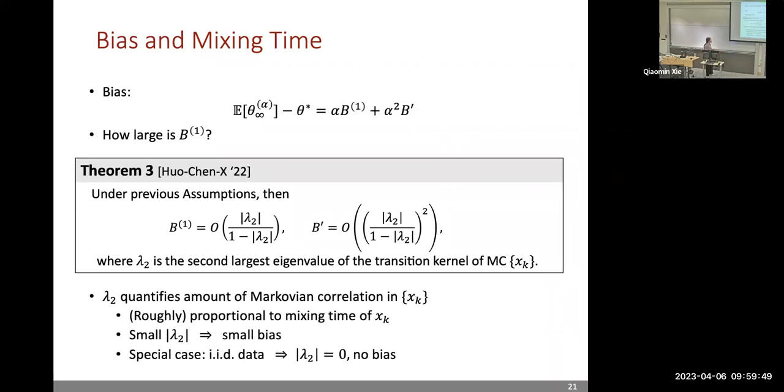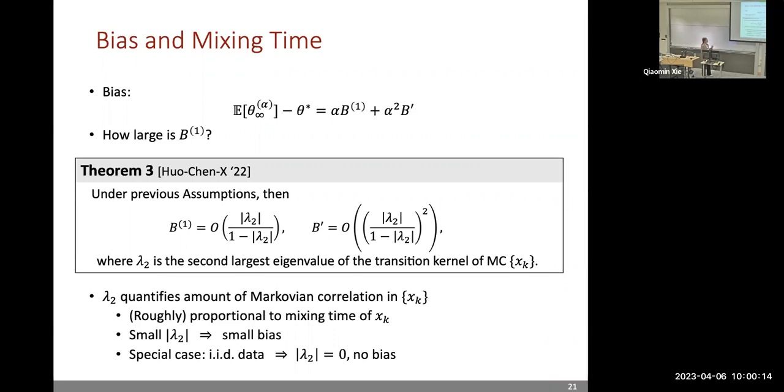In particular, roughly the modulus of lambda 2 will be proportional to the mixing time of the Markov chain S_k. So if the Markov chain has a larger mixing time, it roughly implies a larger modulus of lambda 2.